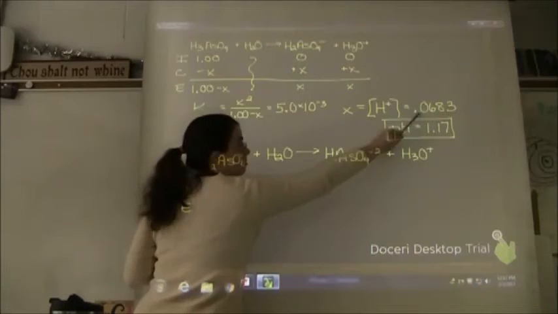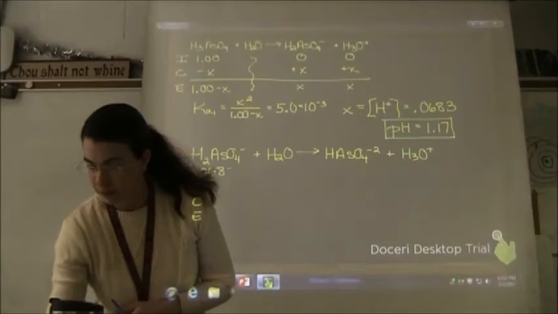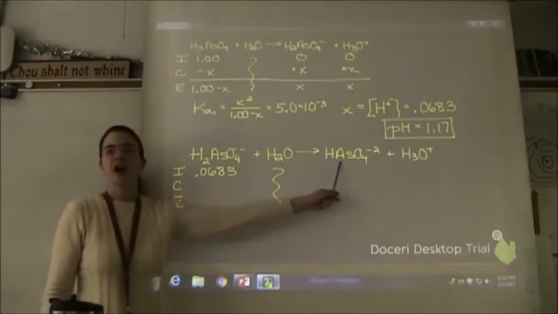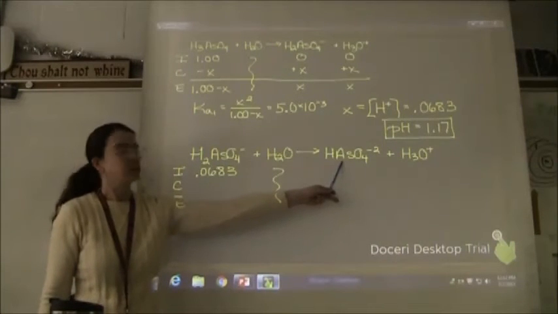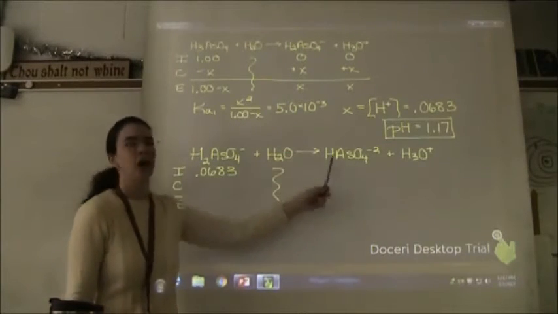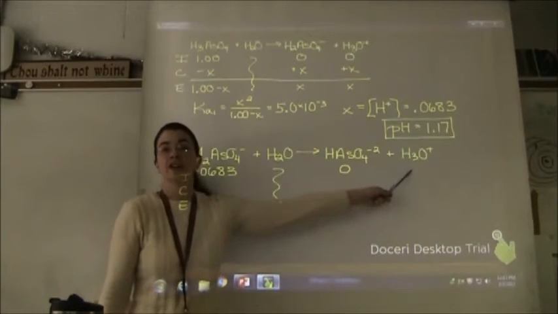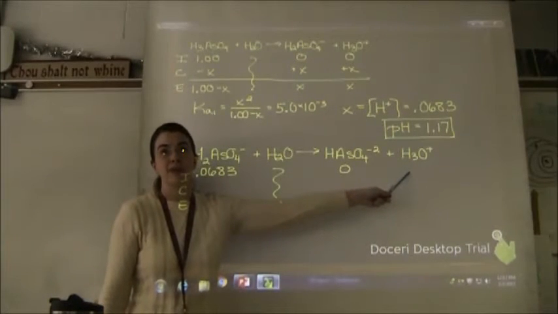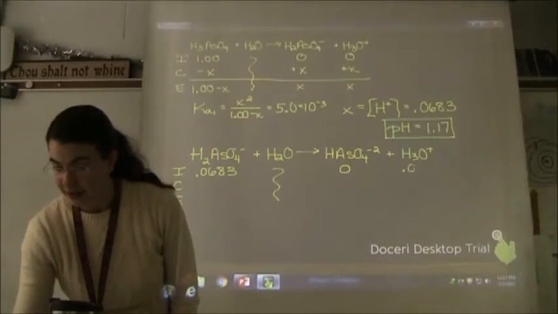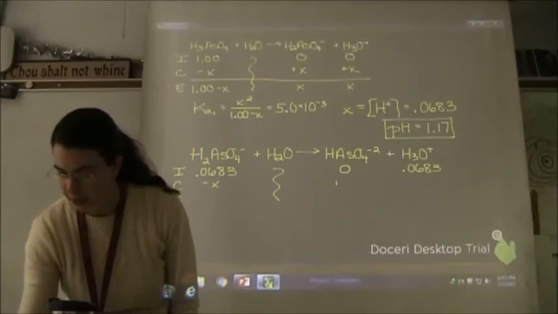How much of it? That much. Okay, we still don't care about water. How about this compound? This compound isn't even in this reaction. So no, there's none of that. However, is there some H3O plus coming from the previous reaction? Yeah. Yes, there is. Okay, and from there it would be the same. Minus X, plus X.